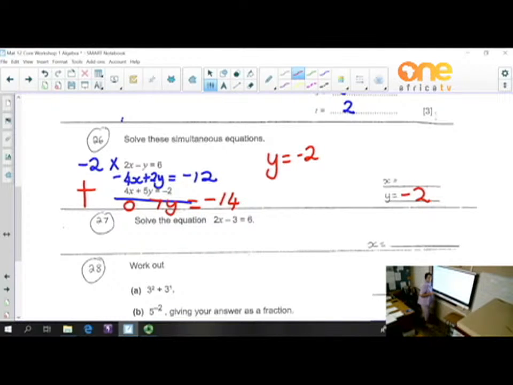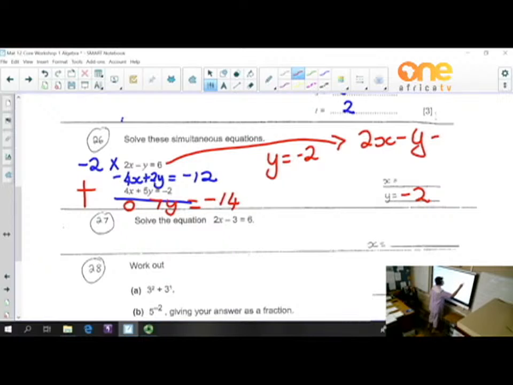Don't forget about x, and we do that now with substitution. So let's take this one: 2x minus y is equal to 6. So now it is 2x minus, and now I'm going to substitute this negative 2 in this y's place, again in brackets. Very important that you do that.